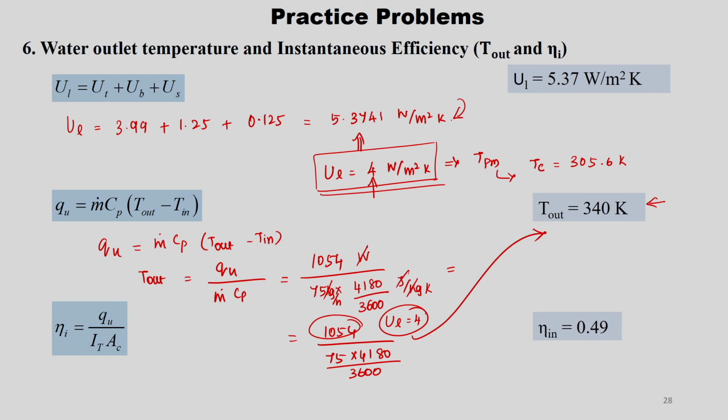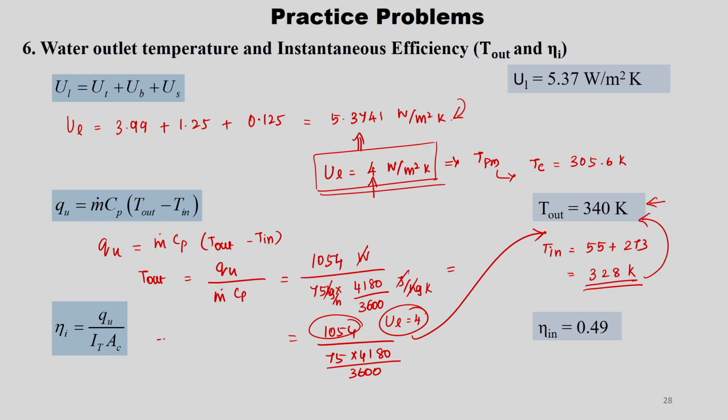Once outlet temperature is known, then T in, how much we have been given? 55 degree, which is nothing but fluid inlet temperature. So, 55 degree plus 273, which is nothing but 328 Kelvin. So, for 328 Kelvin, the outlet temperature we got is 340 Kelvin.